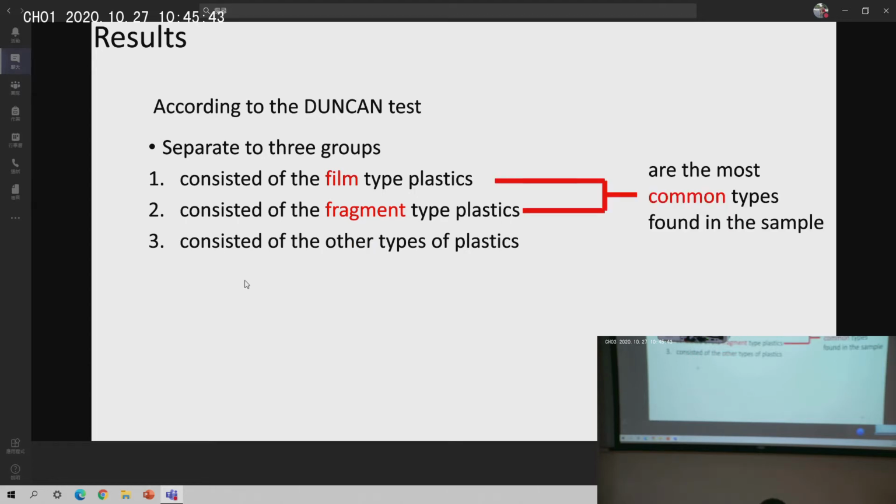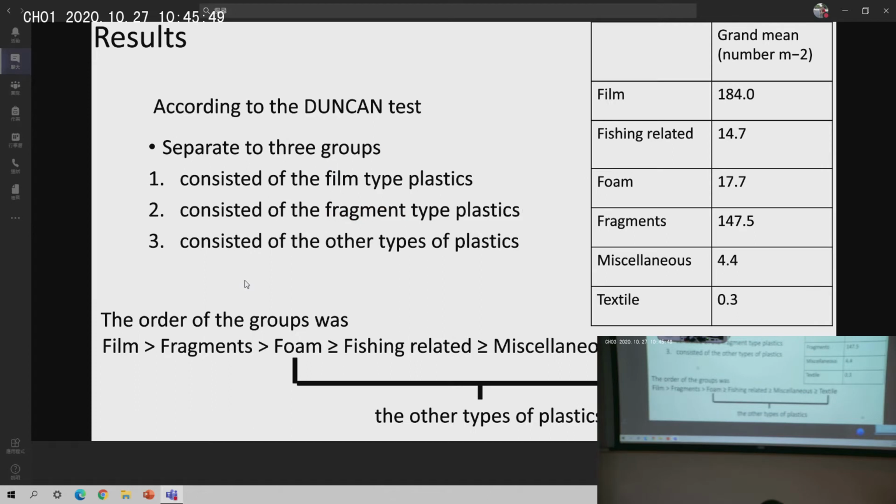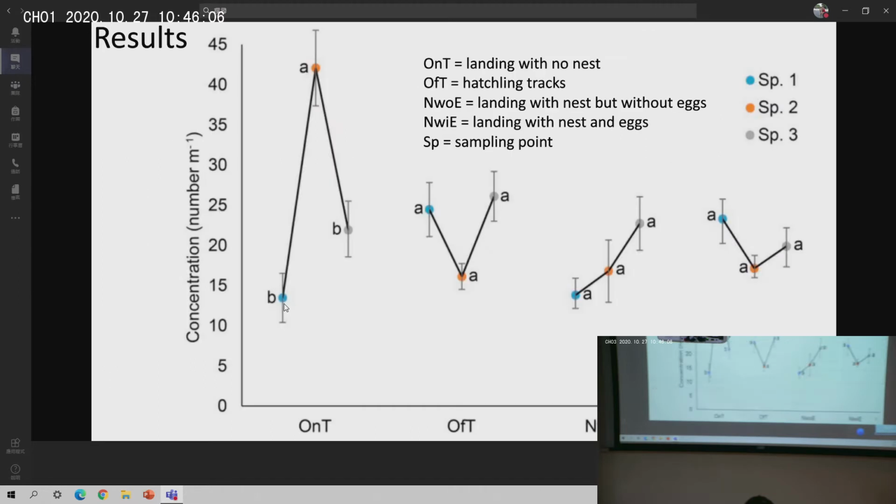The film type and the fragment type are the most common types found in the sample. You can see the data, and we give the order of the groups like this. And these 4 types of plastic are in the third group. For the next result, we can see the chart.